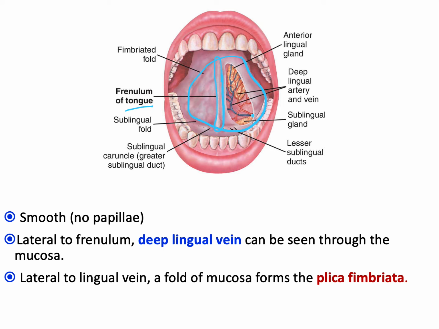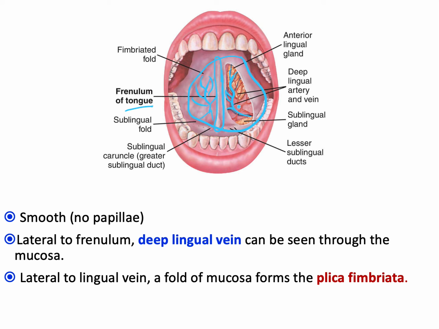You will see a bluish or greenish color, which is related to the deep lingual vein. So these are the deep lingual vein and artery, of course. Most obviously, you will see the deep lingual vein.